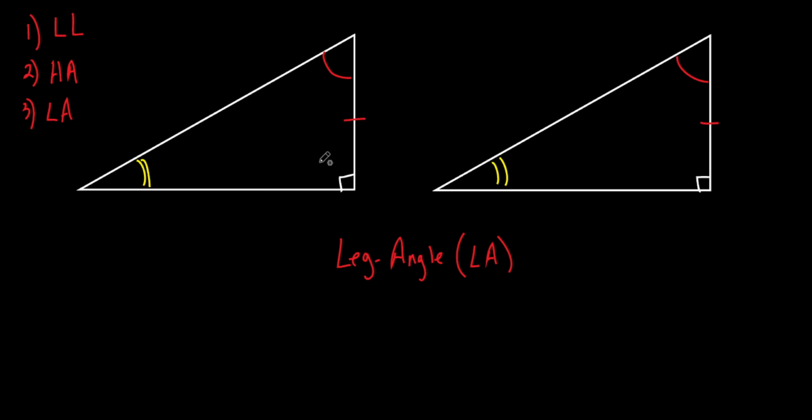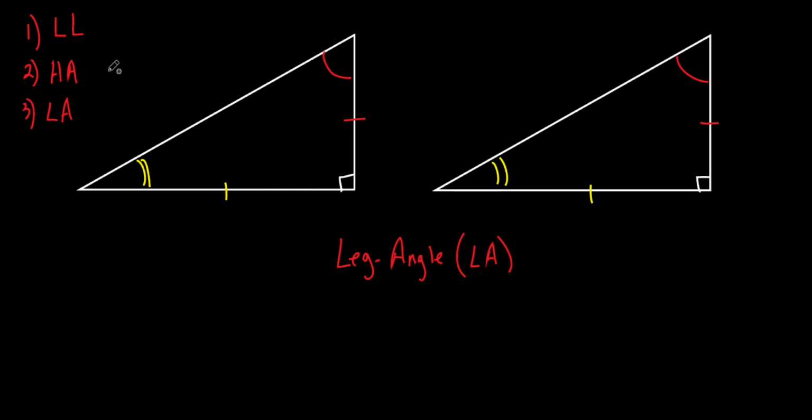And so we still have a leg and an angle, right? Or I could have had a leg here and a leg here. So yes, I still got a leg and an angle. So it's just two different ways that you could show it on your triangle, but you still only have these three right there. All right, so you got three of them. You got leg, leg, you got hypotenuse angle, and you got leg angle.